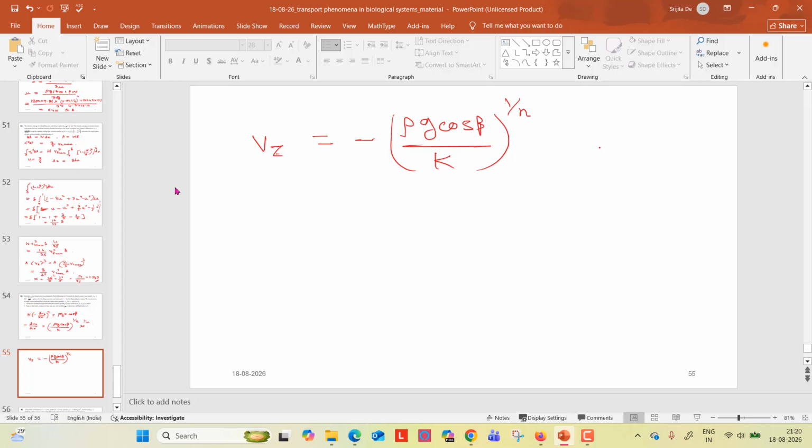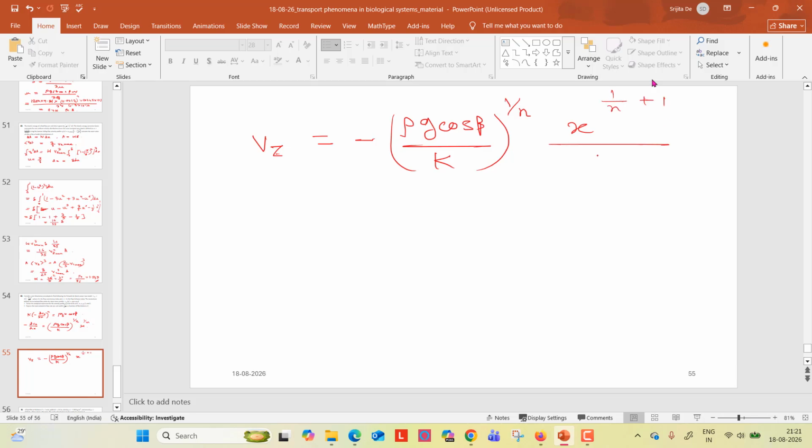That means x to the power 1 by n plus 1, divided by 1 by n plus 1.